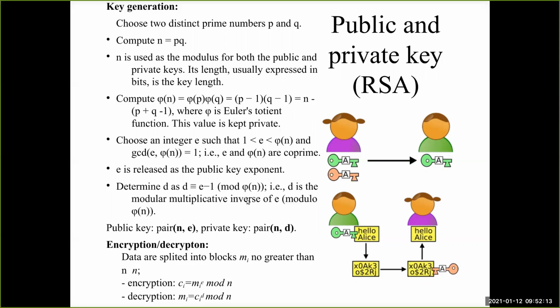And then we calculate the greatest common divisor for the Euler totient. And so we calculate, in fact, two values, which are denoted as e and d.